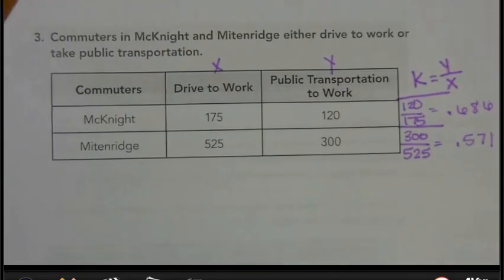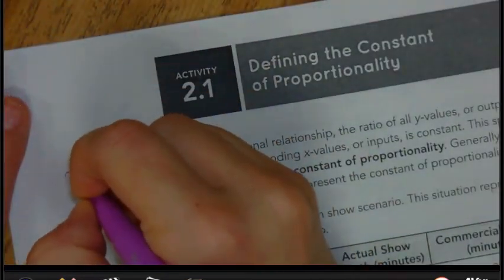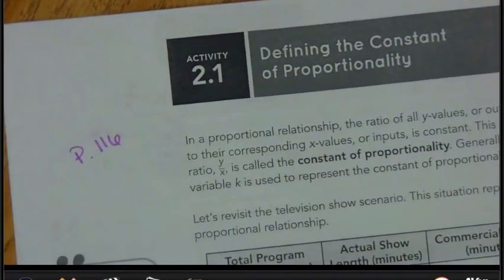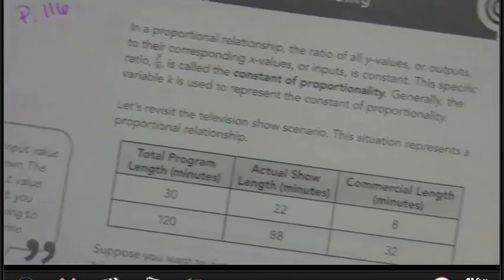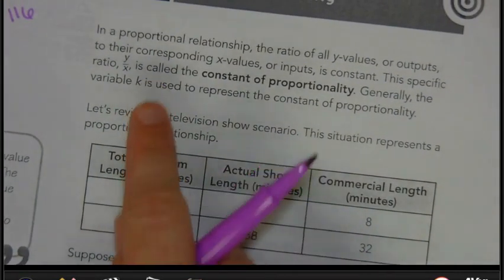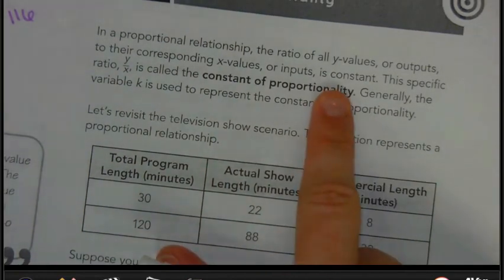Now that we are warmed up with our K column, let's look over at Activity 2.1 on page 116. In a proportional relationship, the ratio of all Y values, or outputs, to the corresponding X values, or inputs, is constant.